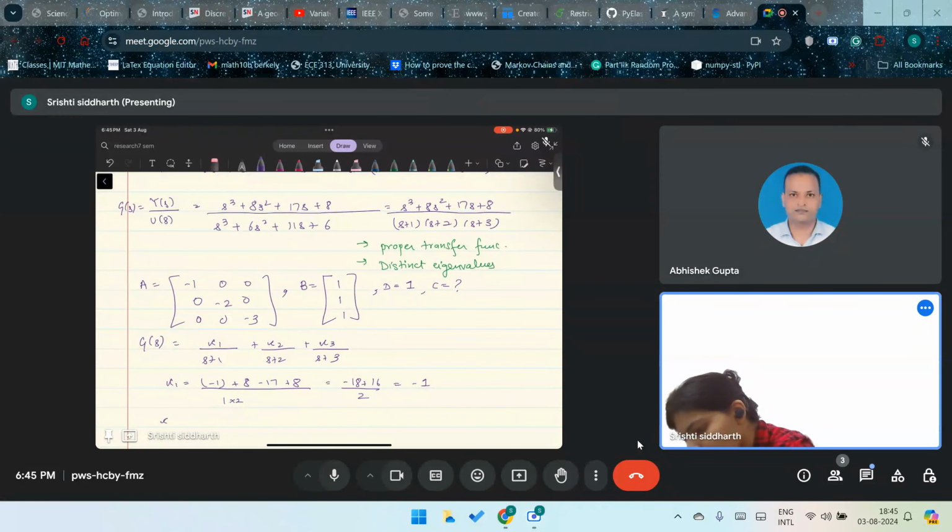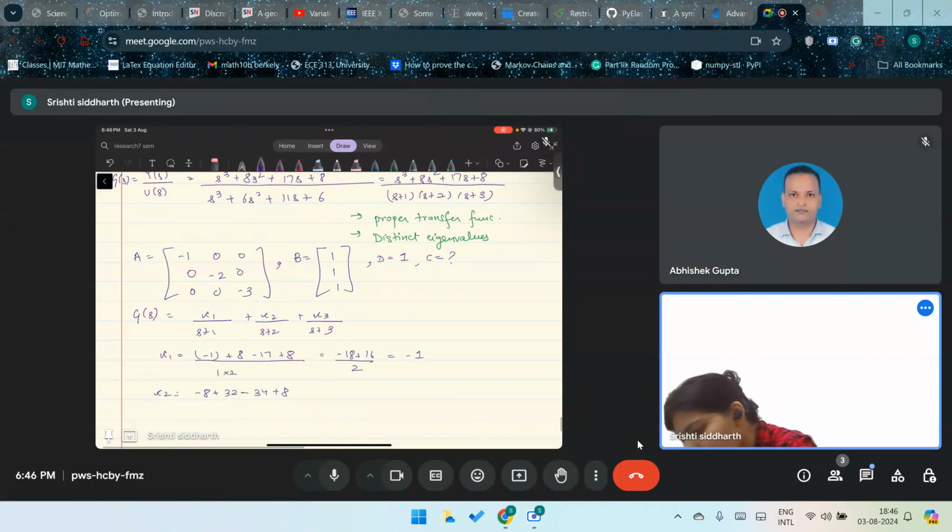Now C2 would be minus 8 plus 32. Then it would be 4 plus 8 over minus 1 and 1. So I have minus 2 over minus 1.